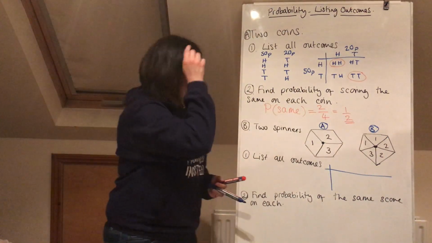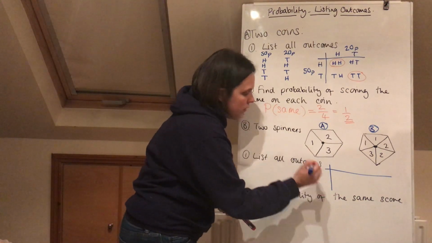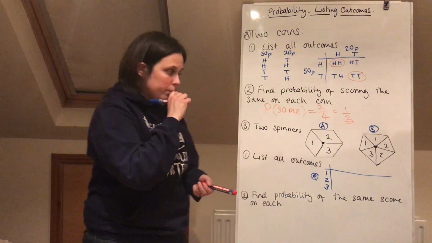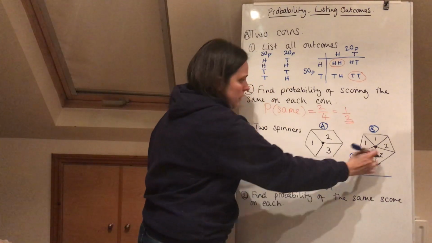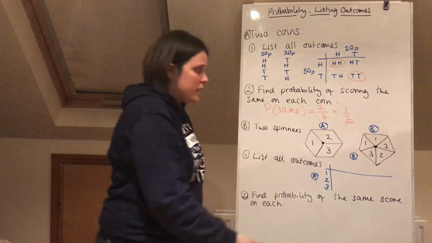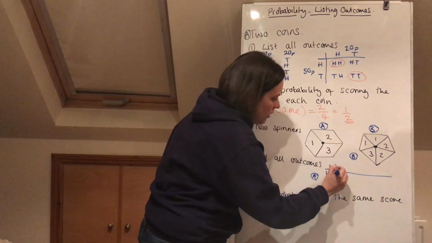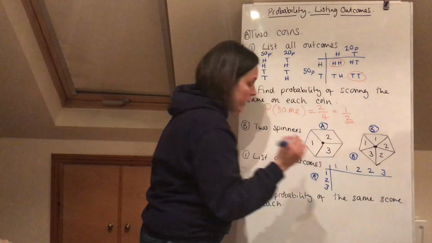So for spinner A, if we do that on the vertical side here, there are 3 outcomes and they are 1, 2 and 3. And for spinner B, here there are 5 outcomes, but if you notice the outcomes are 1, 1, 2, 2 and 3. So I'm going to write those on. 1, 1, 2, 2 and 3.